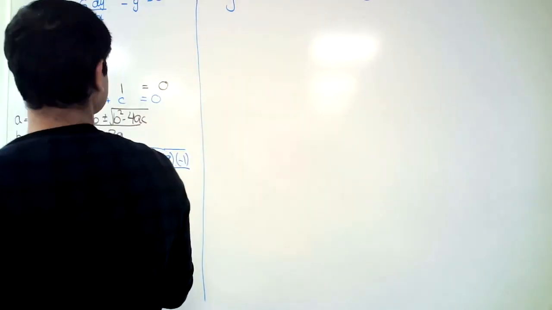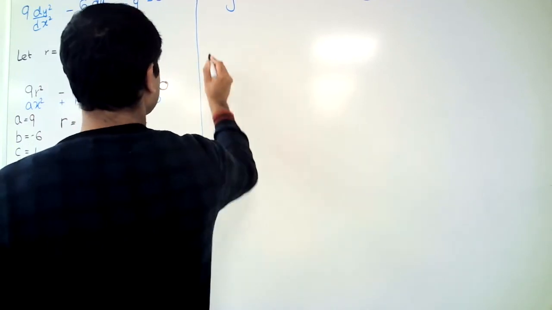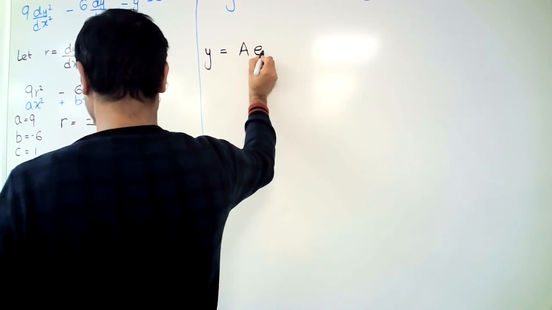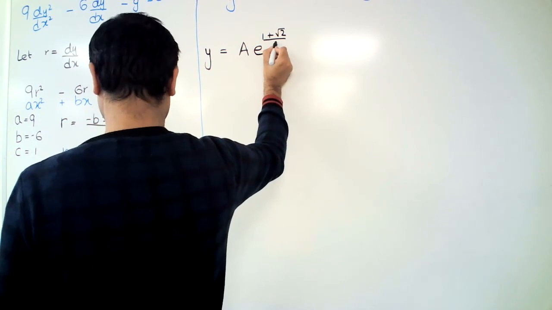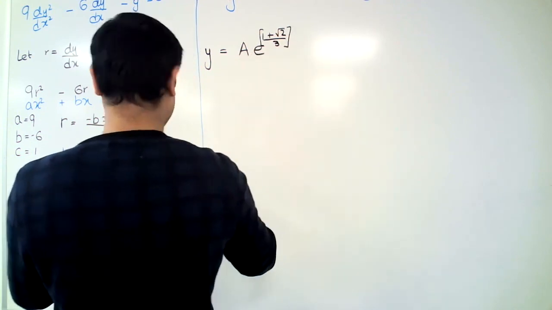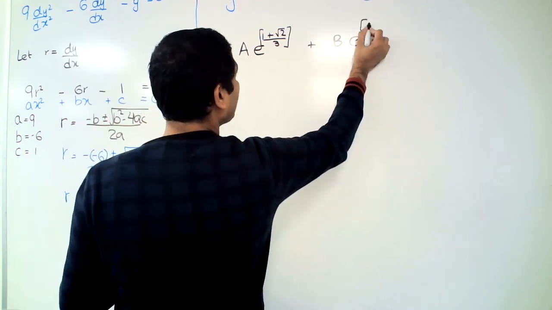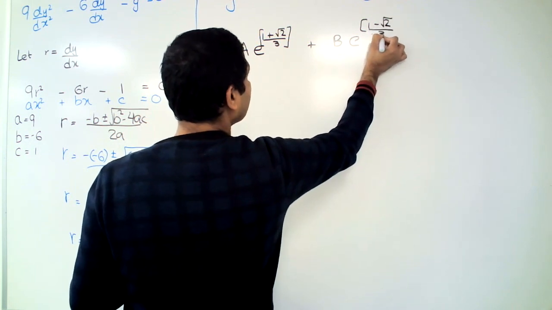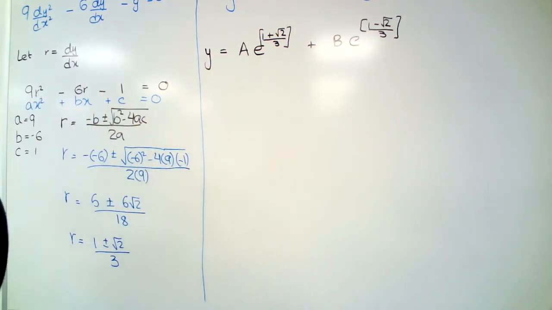This is the notation for that one. Instead of r, just put the value. So now you're going to do y equals to A e, and instead of r, I will put 1 plus root 2, doesn't matter which order, over 3. So that's the value of the r, plus B e to the power 1 minus root 2 over 3. That's it. So these are your answers.